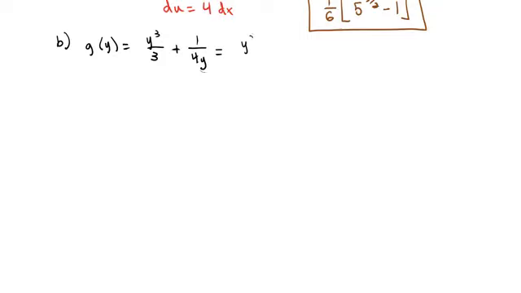So I'm going to rewrite this as y cubed over 3. Actually, let's even make it 1/3 y cubed plus 1/4 y to the negative 1. Because we know we need the derivative of this function in order to find the arc length.